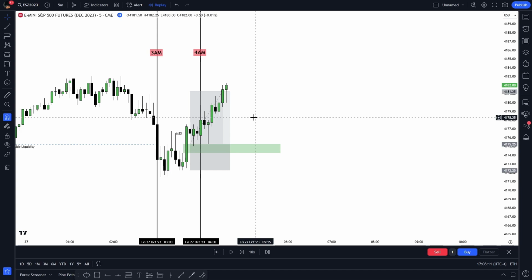Look for this to happen between 3 to 4 a.m., 10 to 11 a.m., and 2 to 3 p.m. If you don't get a setup, close your chart and come back tomorrow. That's the beauty about trading. The market brings new opportunities every single day, okay? So focus on these 3 time windows, and I promise this is all you need to become profitable, okay?